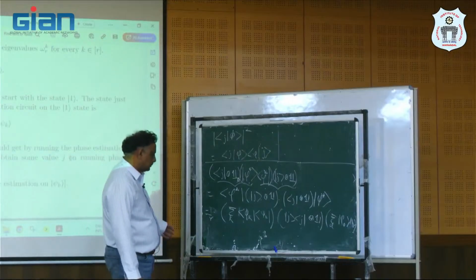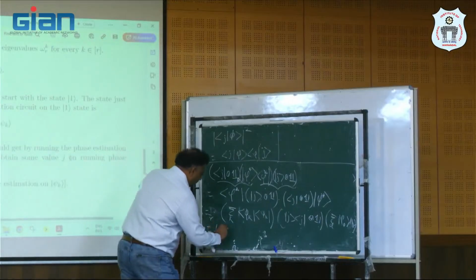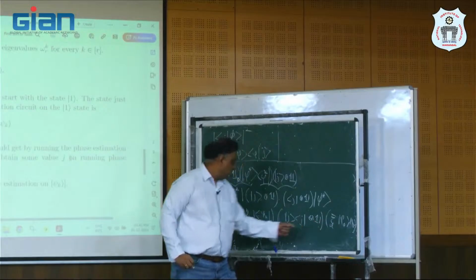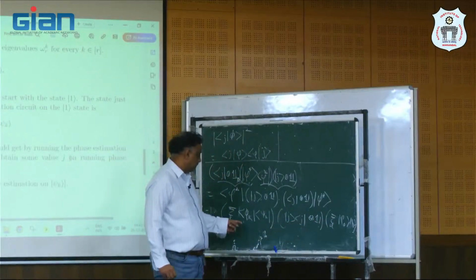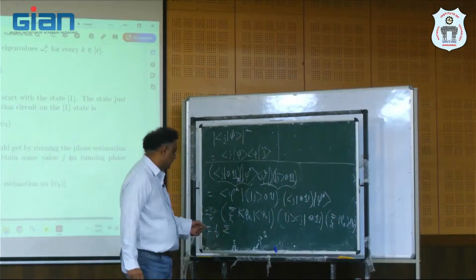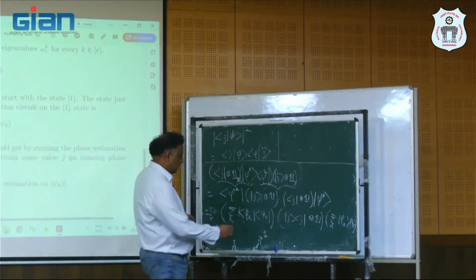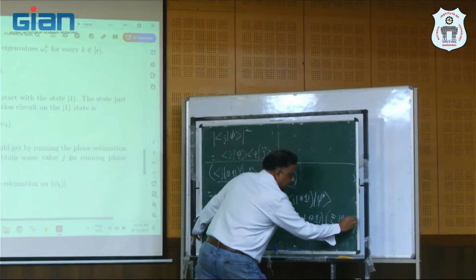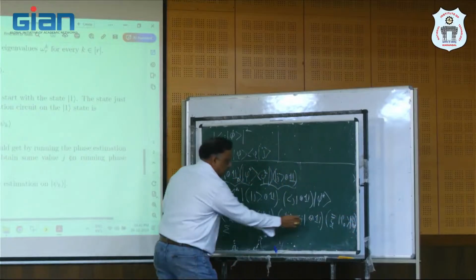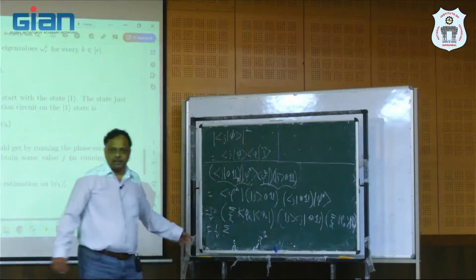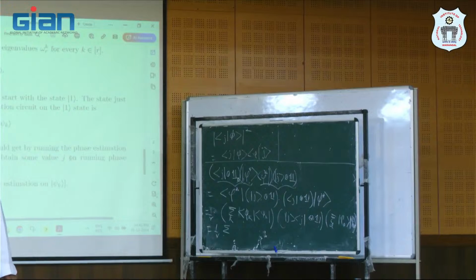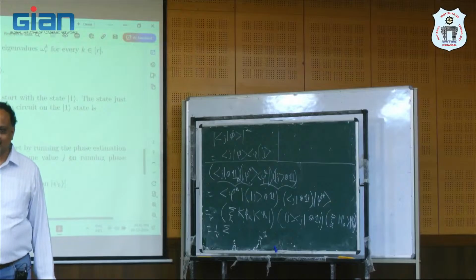Now let's collect the terms. 1 over r summation. Remember, if this k is different from L, what is happening? Psi k and psi L with identity gives you psi k inner product psi L. What is that? 0, because eigenvectors form an orthonormal set.